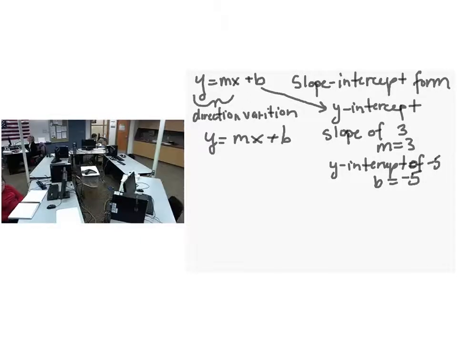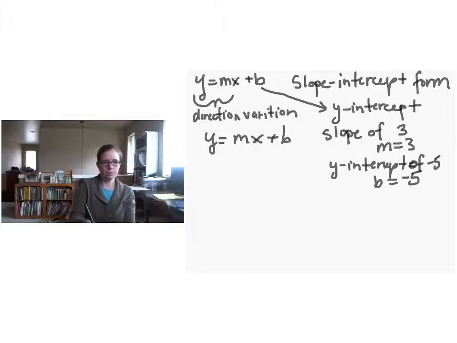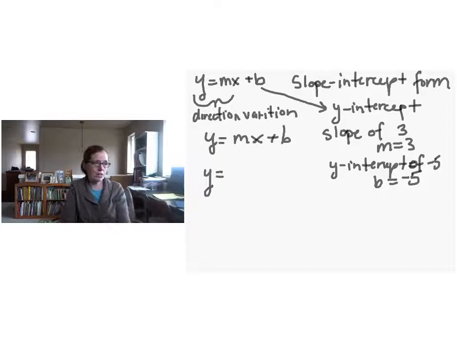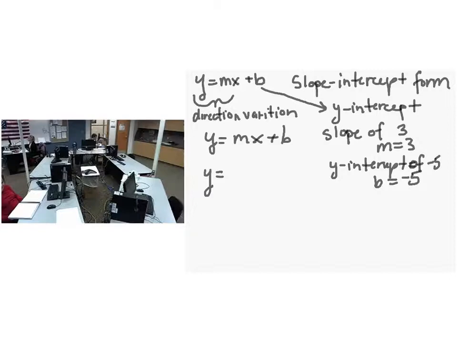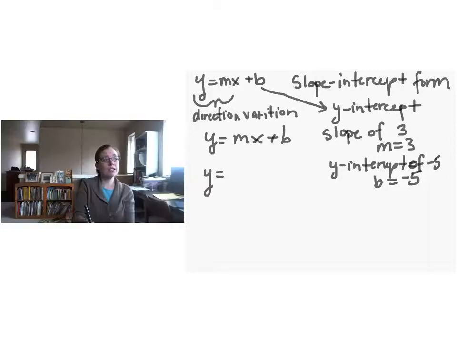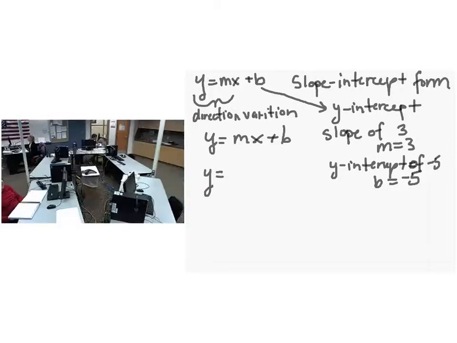Dump it into our equation. So we have m equals 3, that's our slope, and the b, or y-intercept, equals -5. 3 minus 5? Don't forget what's mx. Oh, yeah, okay. 3x minus 5.